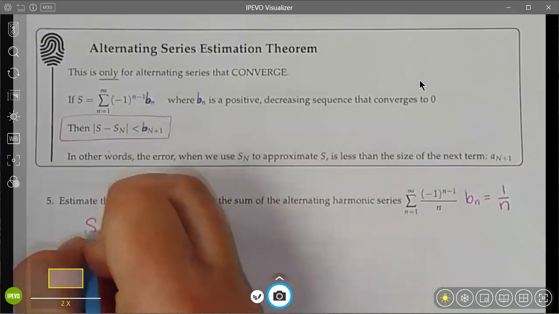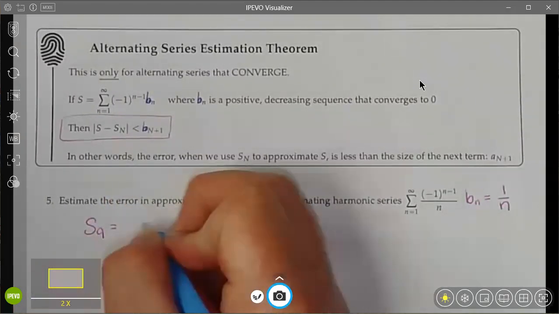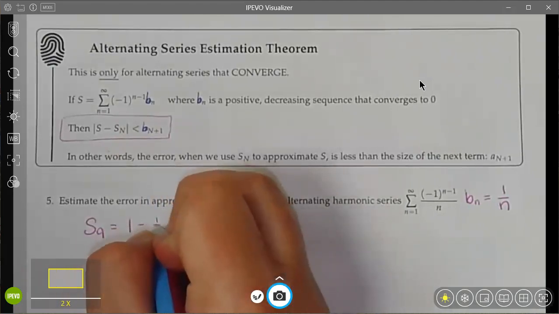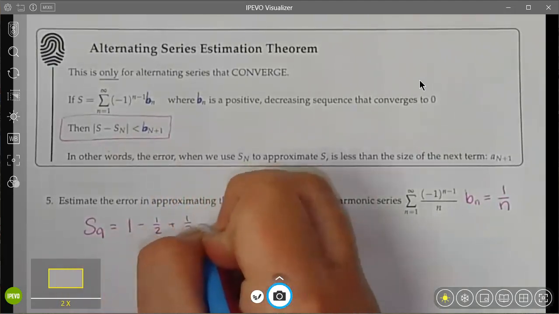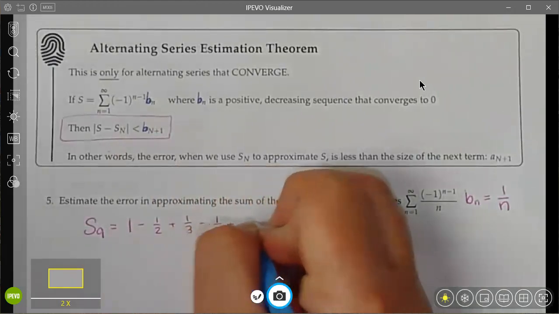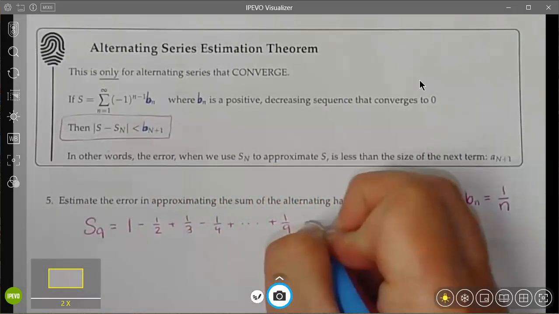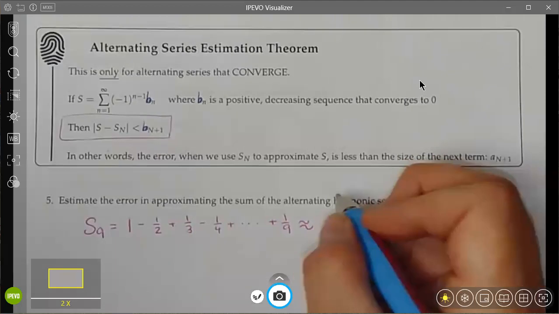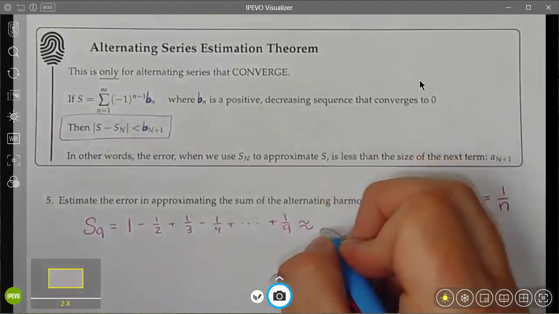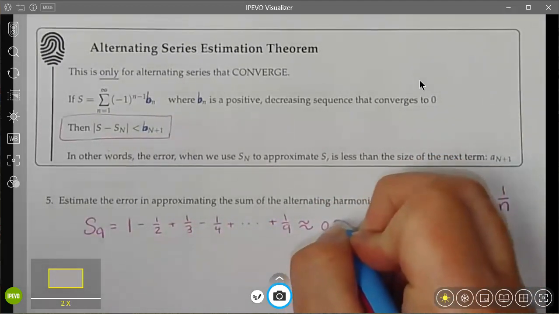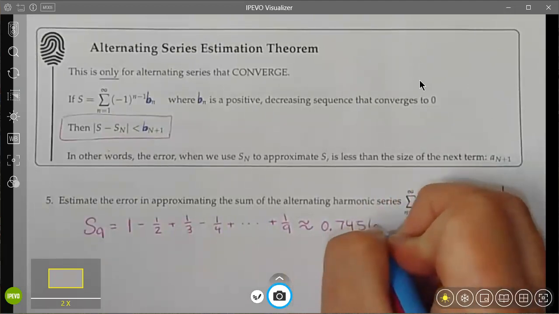So S9 is going to be the first 9 terms: 1 minus a half plus a third minus a fourth, all the way out to 1/9. And that's going to be approximately equal to, if you punch that in your calculator, about 0.7456.